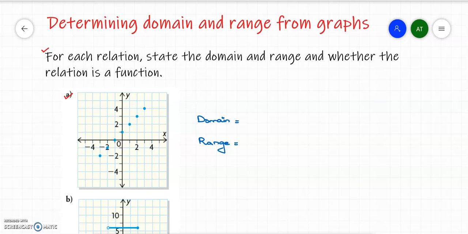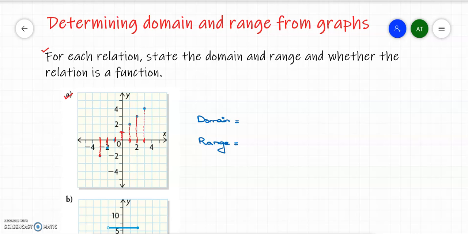So we can see, put your pointer at the first dot and moving upward, the x is -3, -2, -1, 0, 1, 2, and 3.